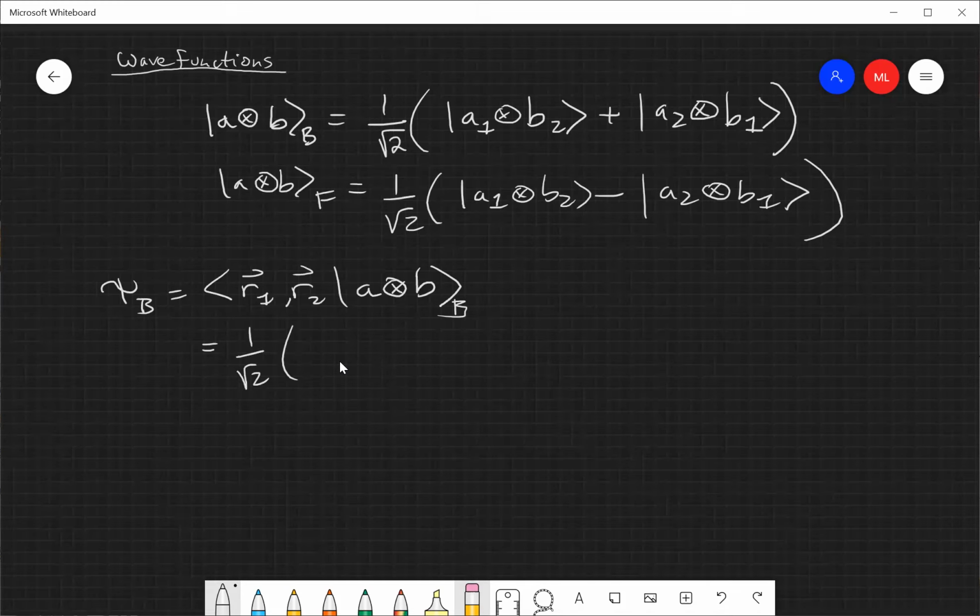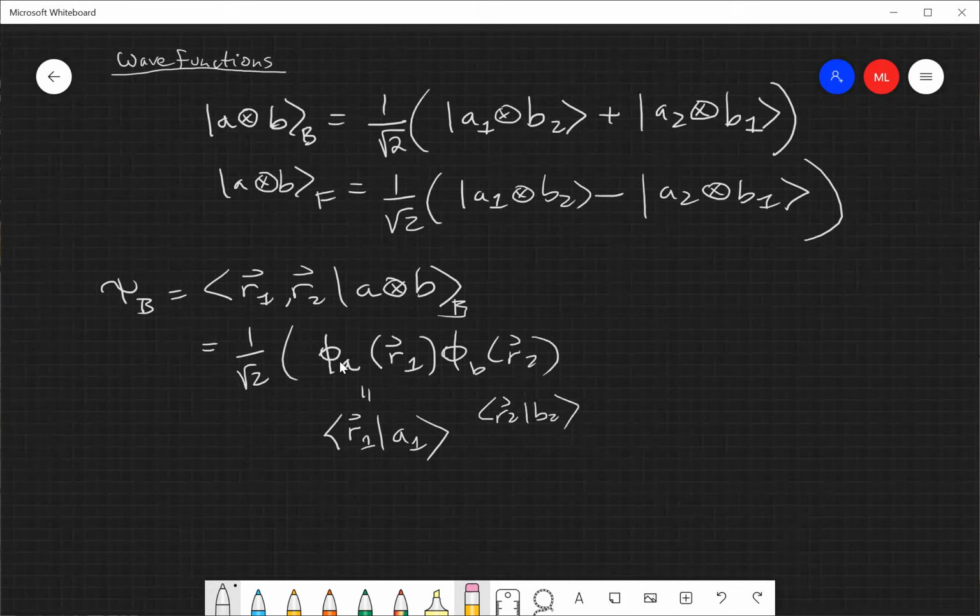What's the first term? It's going to be a wave function associated with state A, at coordinate R1, phi A R1, and then of course it's multiplied by phi B R2.